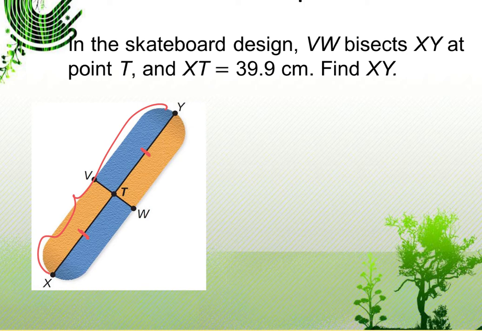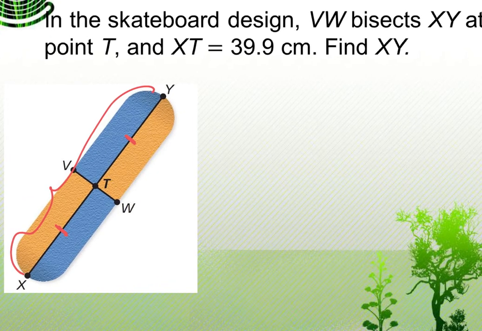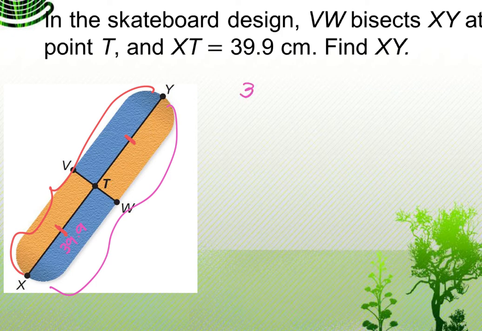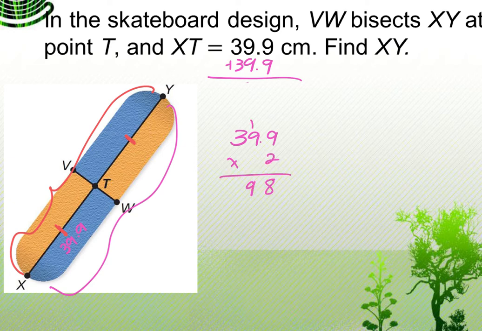If XT is 39.9, how can I find XY? I can add 39.9 plus 39.9 or multiply by 2. You could do it either way. That time we were given half of the whole segment, so I just double it to get the whole segment.